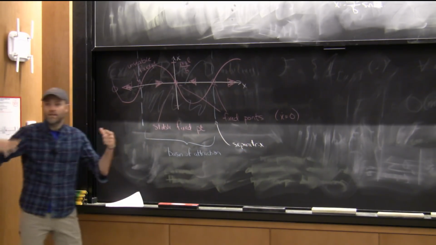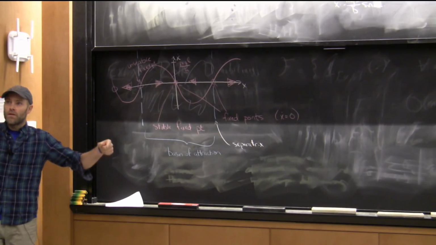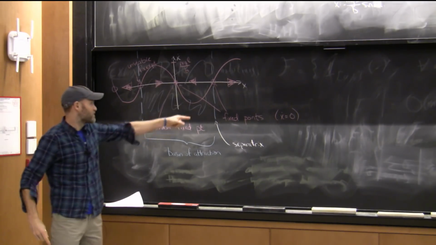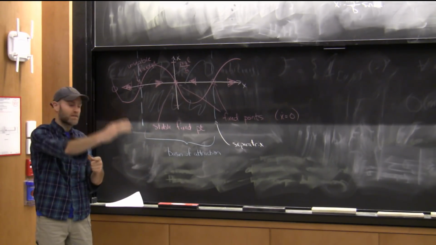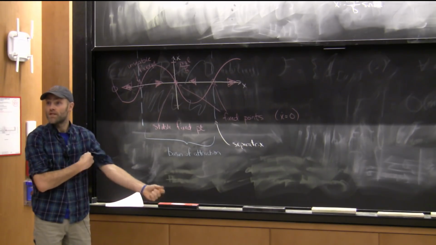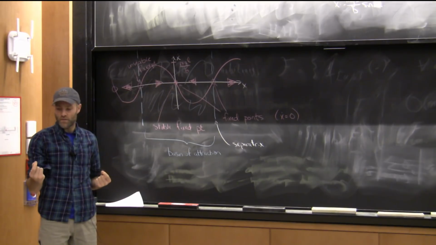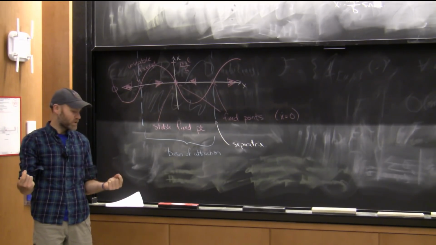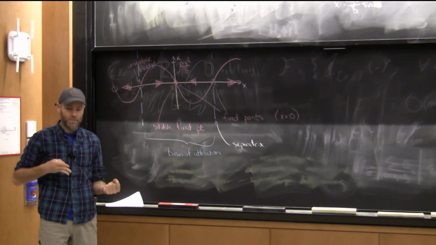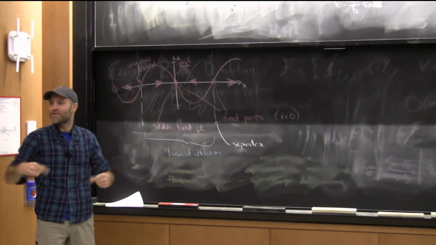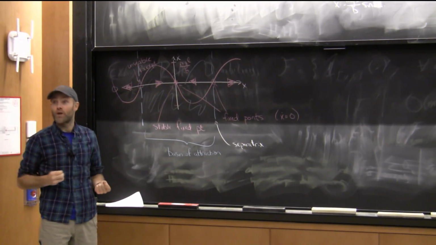You can imagine in high-dimensional systems, those are much harder to think about, the divisions between regions of attraction, but the concept still exists. I've got a region of attraction for one fixed point, a region of attraction for another fixed point. Somewhere in between them is the point where you go in one direction or the other, and there's a separatrix.